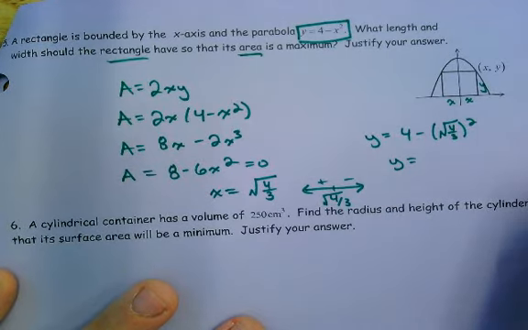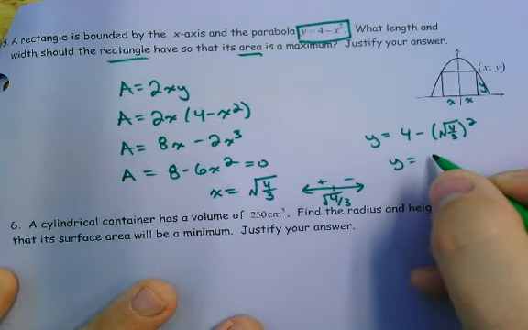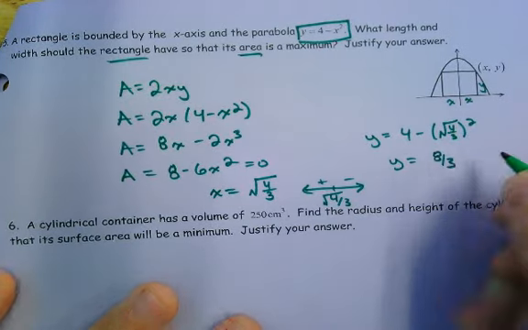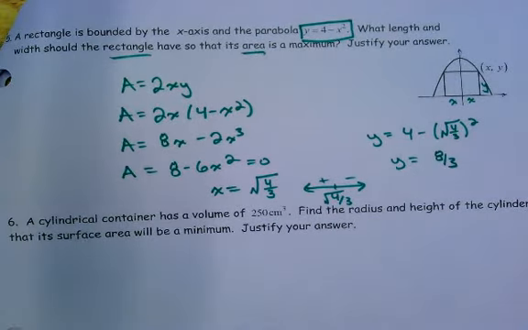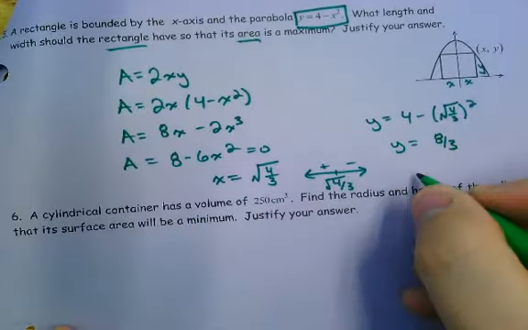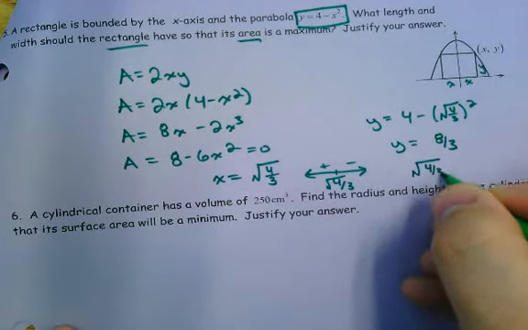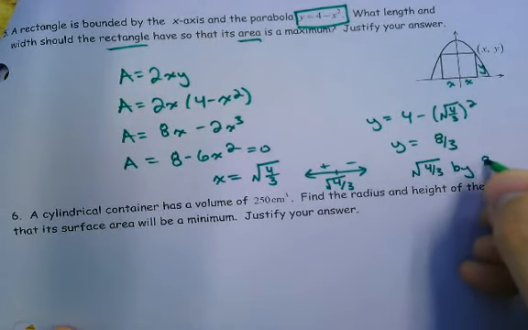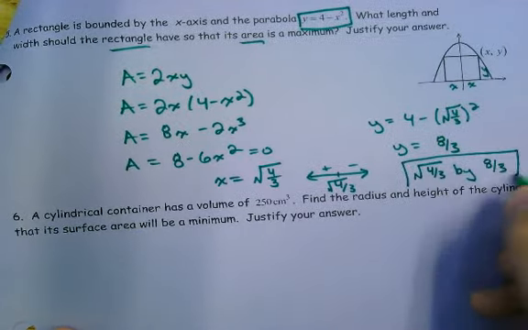Final answer 8/3. I know, yeah, it's 4 minus 4/3, 8/3. So the final answer is going to be the square root of 4/3 by 8/3. Those are my dimensions.